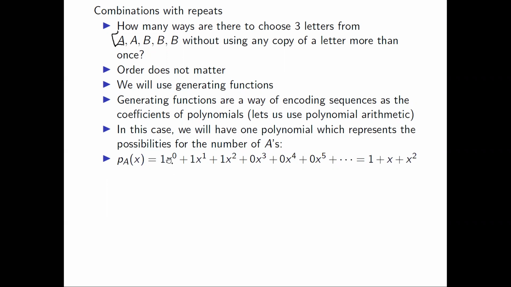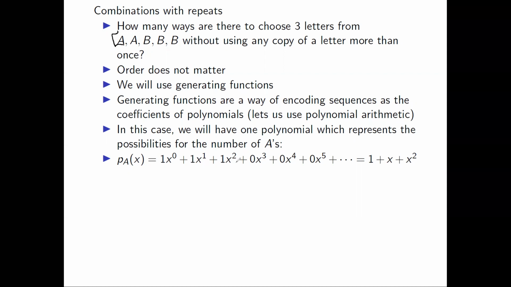It's possible to have 0 A's, that's fine. And there's one way to have 0 A's, it's just having 0 A's, that's the only way. So 1 times x to the 0. We put a 1 next to x to the 0, because there's one way to have 0 A's. Similarly, for the x to the 1, since we have 2 A's, it's possible to have 1 A, and there's one way to have 1 A. We just have 1 A. So the coefficient of x to the 1 is 1.